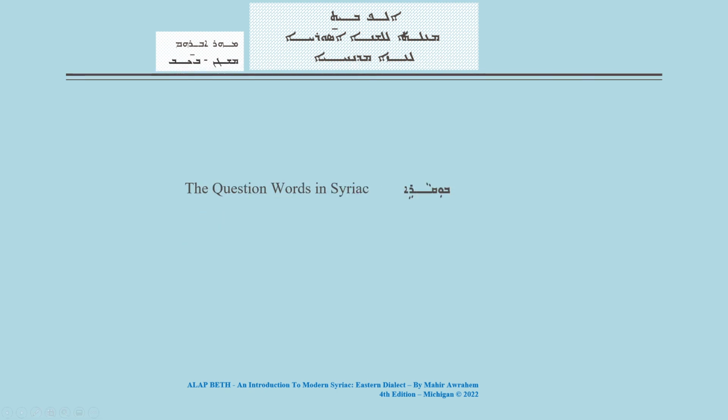The last thing we need to cover is the question words in Syriac. From the right column, iman, when. Okae, where. Maha, what. Tamaha, why. Also why is qiy. So I have two words we use for why.